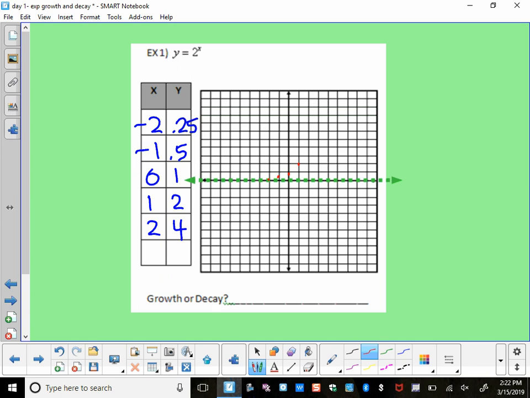And 2, 4. So I'm going to try to get as close to my asymptote as I can. And we're matching it with what my graph shows.